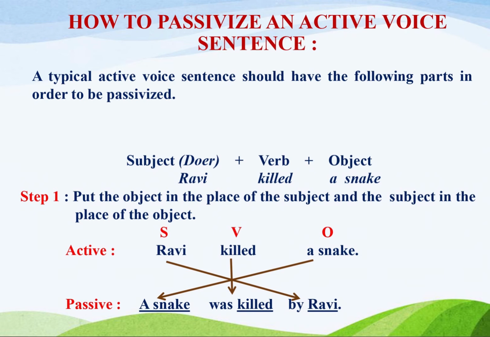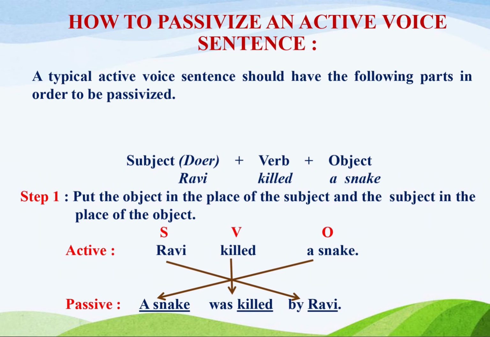A typical active voice sentence should have the following parts in order to be passivized, in order to be transformed. We need a subject, we need a verb, and an object. Like in the very first sentence, I told you, Ravi killed a snake.